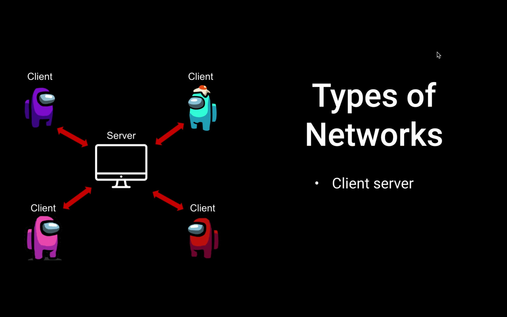First, we have client-server architecture. Looking back to our lesson on web servers in our hardware video, the network architecture is the same. Remember that there is a centralized multi-user computer, or what we call a server, where all single-user computers, or what we call clients, connect to.